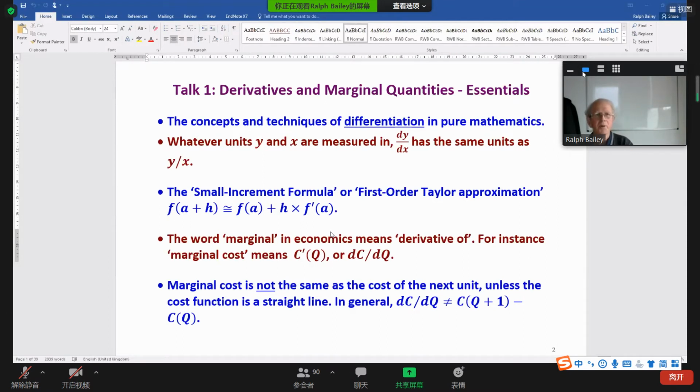So I would not like you to say that any longer. You can say it's roughly the cost of an additional unit. But we must make that distinction between dC by dQ and C of Q plus 1 minus C of Q. They would be the same if the small increment formula were an exact formula, but it's only an approximation.